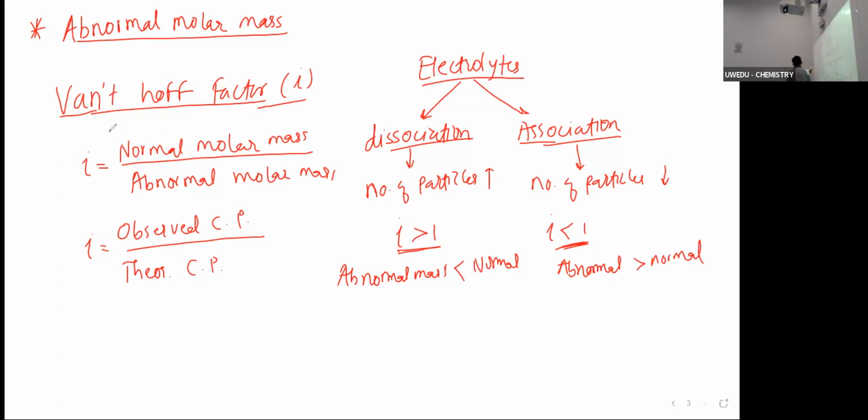This is the same thing. If i is more than 1, that means normal is more, abnormal is less. And if i value is less, abnormal more, normal less. Clear? Any doubt in this? No doubt. Okay.